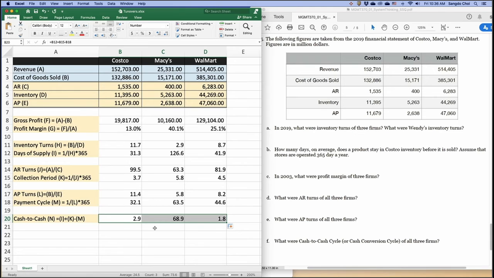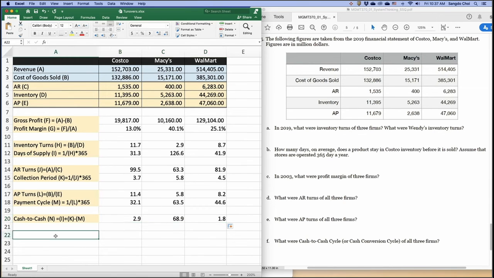So that's why they have to borrow money, right? With a longer cash to cash cycle, they need some money from outside. If they have a negative cash to cash cycle, they have enough money, or sometimes they can invest this money until their payment. So that's why a negative cash to cash cycle is better.